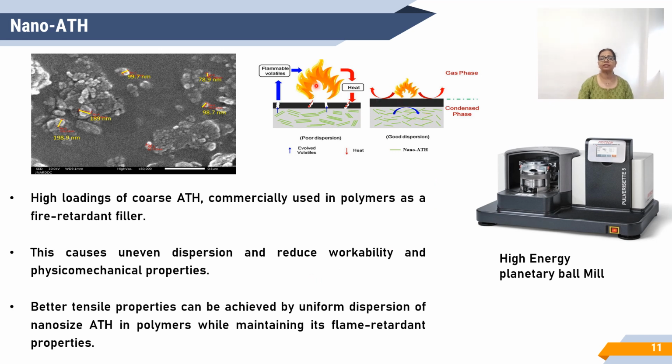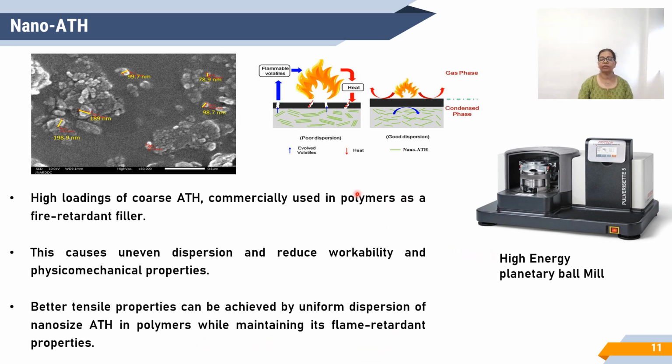If we compare the fire here, it is much reduced, as the filler is uniformly dispersed, and the dispersion is quite good. This gives better tensile properties through uniform dispersion of nano size particles while maintaining the fire retardant properties.